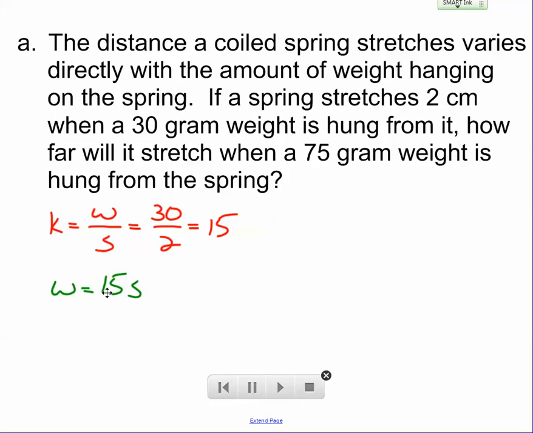For instance, 15 times 2 is 30, like the example they gave us. And then we can use that equation to answer this question. How far will it stretch when a 75-gram weight is hung from the spring? So if the weight is 75, how far will it stretch? We'll just solve this equation by dividing both sides by 15, and we'll get our answer, 5 centimeters.